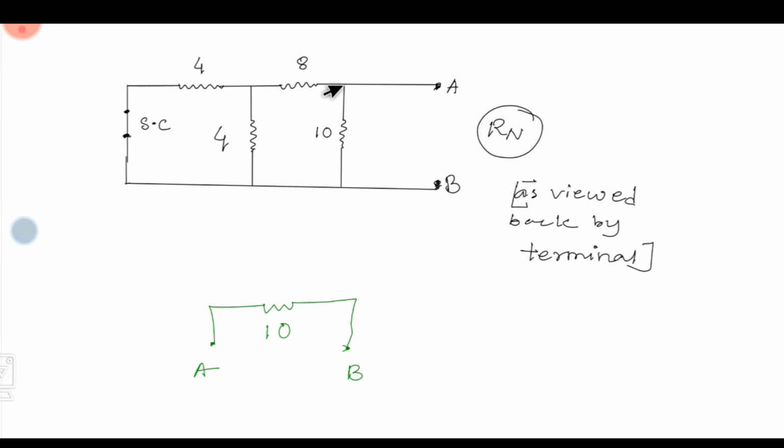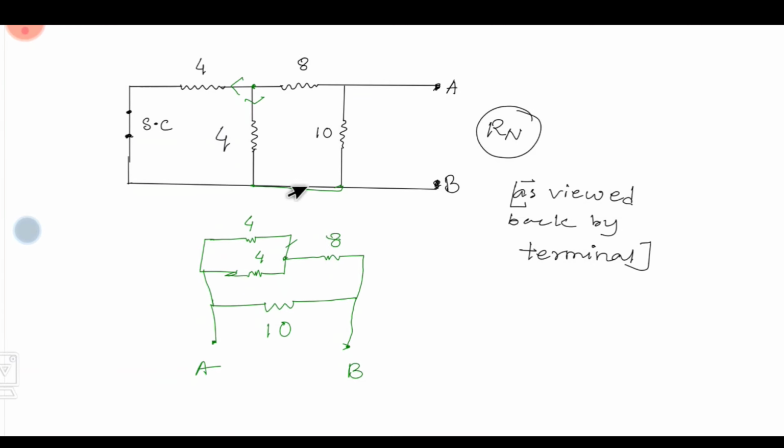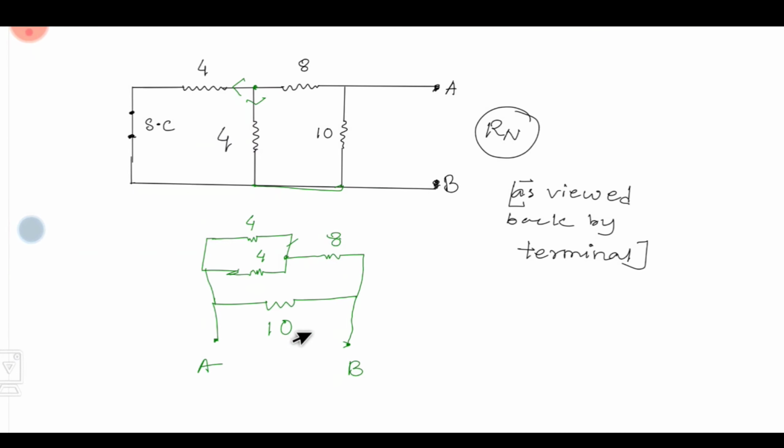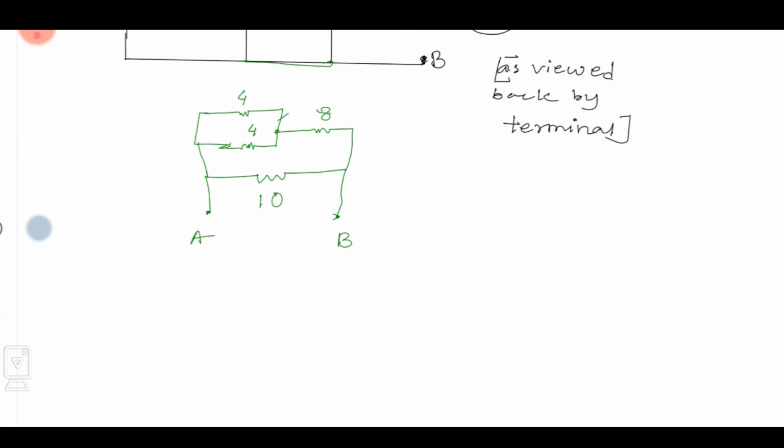Now look, at one end an 8 ohm resistance is connected. After that it splits into two parts, one is this and one is this, and then they are combined together. So now the circuit looks like this in simple form. Now we will calculate Rn, the equivalent resistance.